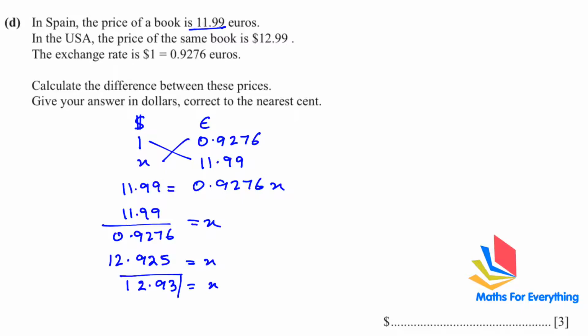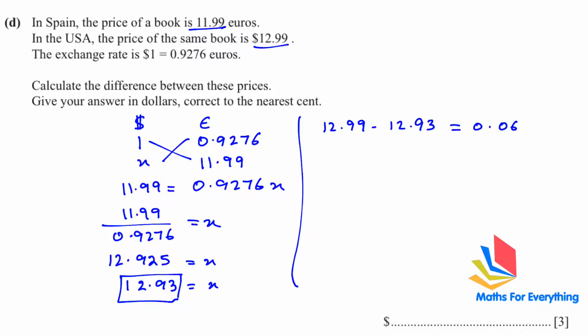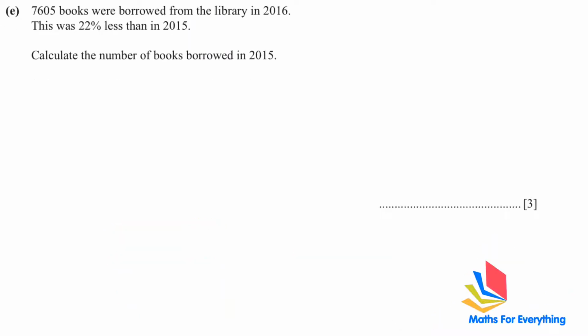This is the cost of the book in Spain in dollars, and in the USA it is 12.99. So what is the difference? Subtract 12.93 from 12.99 and you will get 0.06. So that is the difference between the two books.